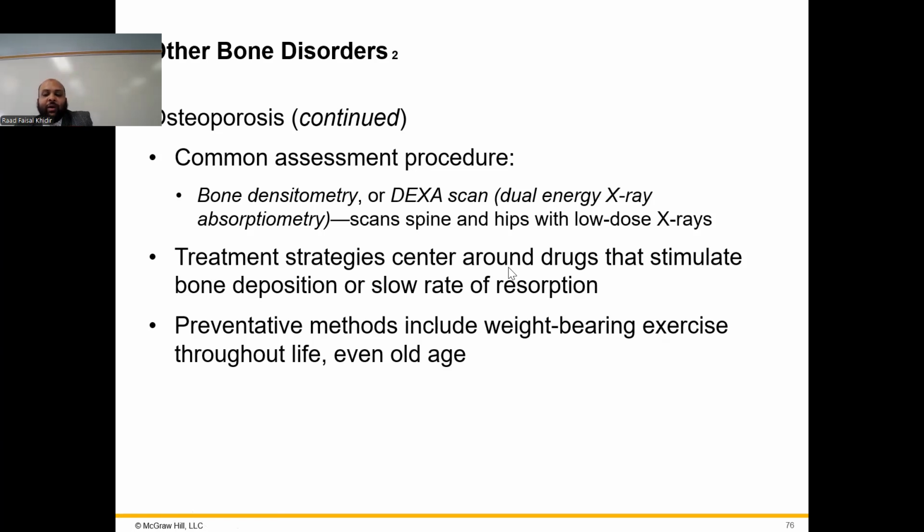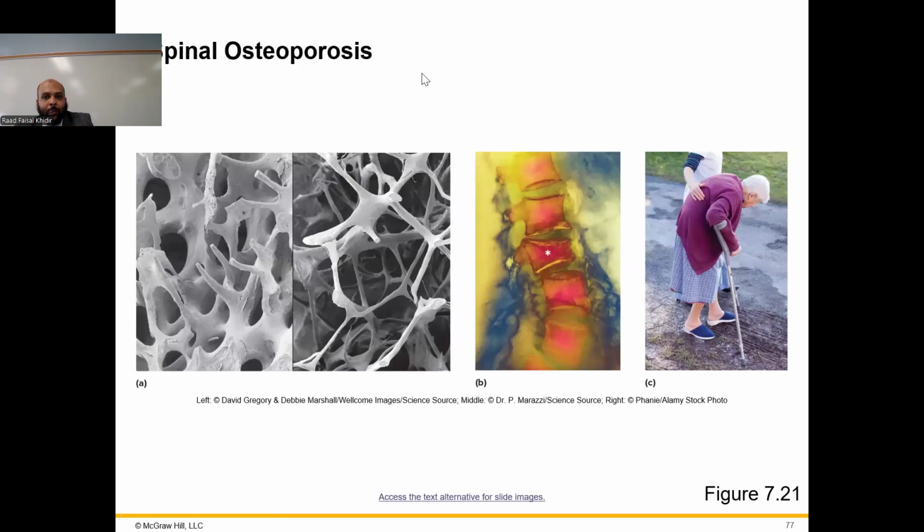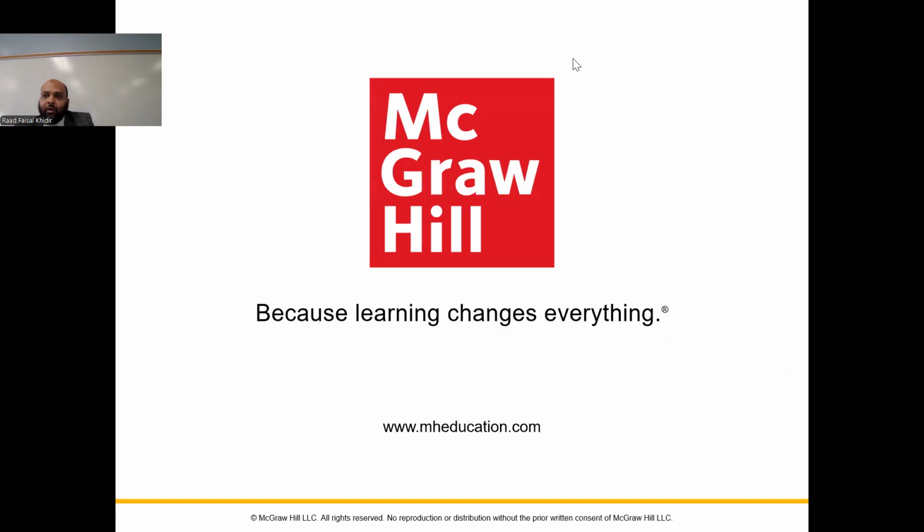There are preventative methods that include weight-bearing exercise throughout life, even in old age. You see spinal osteoporosis? That's spinal osteoporosis. You see, osteoporosis means the holes get bigger and the bone gets weaker.